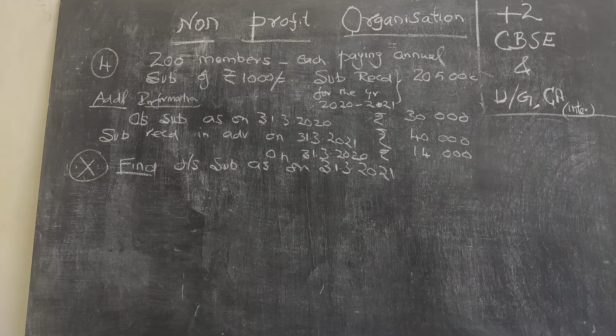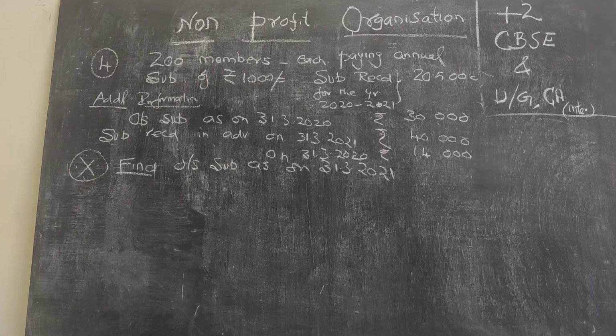Subscription received in advance on 31st March 2021 is 40,000, and on 31st March 2020 the subscription received in advance is 14,000. The question is to find the outstanding subscription as on 31st March 2021.